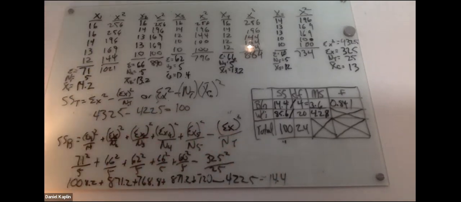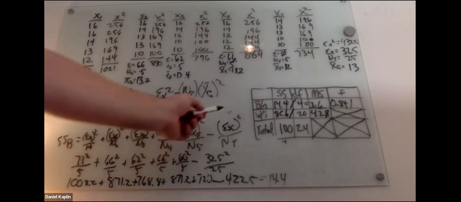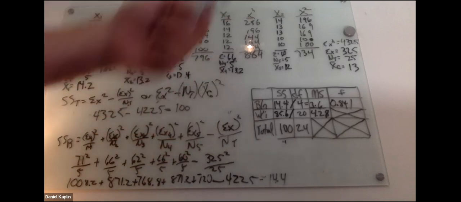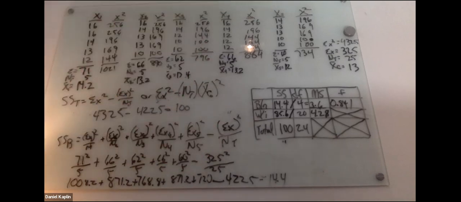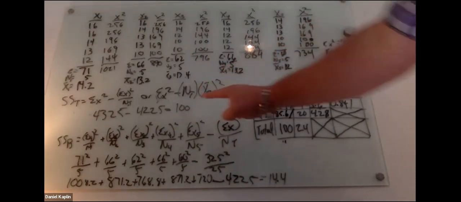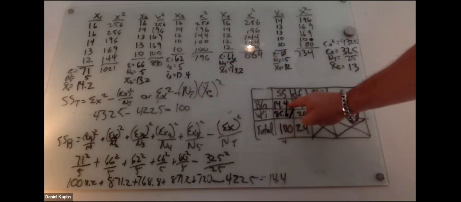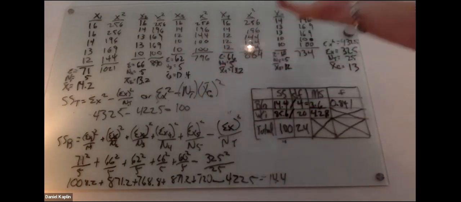So, sorry for the typos. I like to catch my mistakes. But if we took the sum of the x column squared divided by its number of participants, added it all up, and then subtracted the sum of the x total from the whole study divided by the total number of participants, we get 14.4. So this 100, which was already written, this 14.4, which was already written, notice it didn't matter.